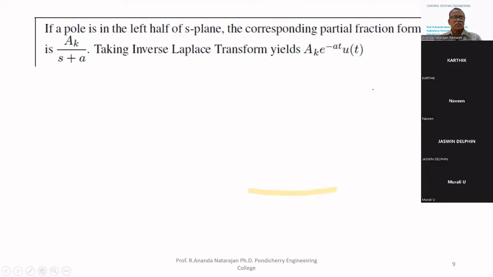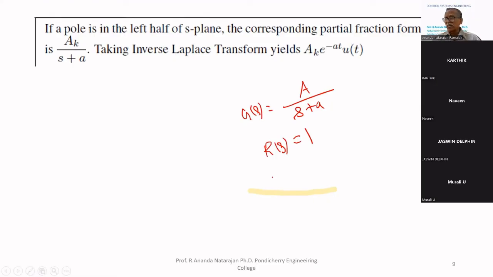Why does the system become unstable? Suppose I have a system A by S plus A. Take the impulse response: R of S equal to 1. What is impulse? A hammer blow.